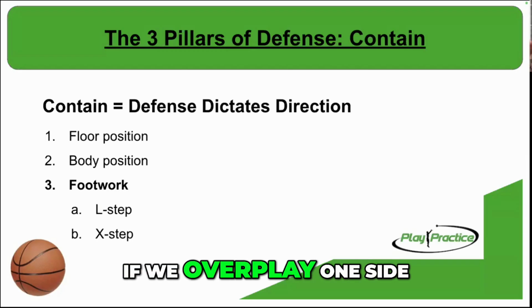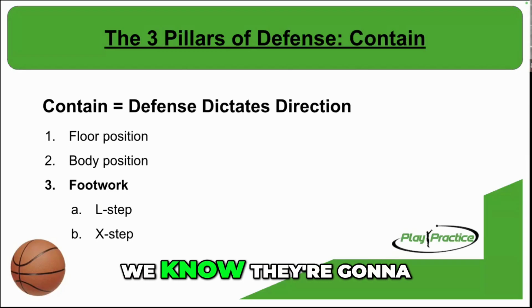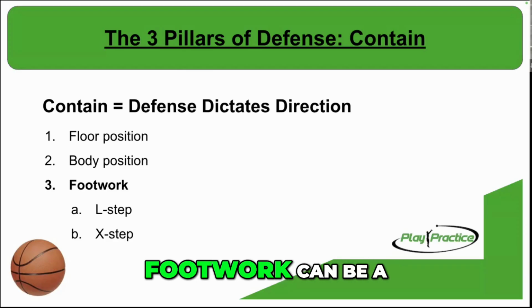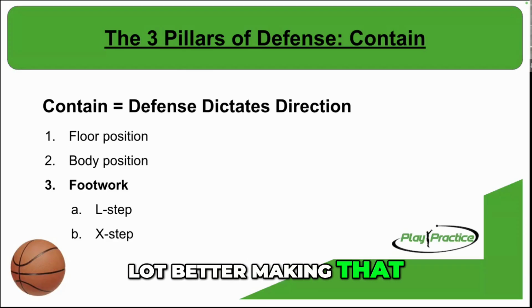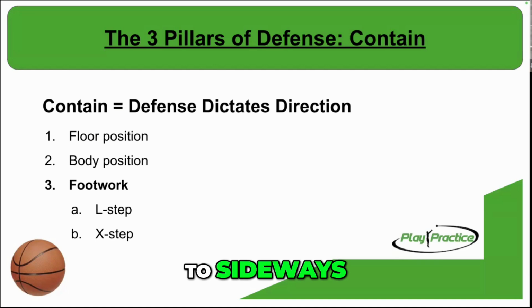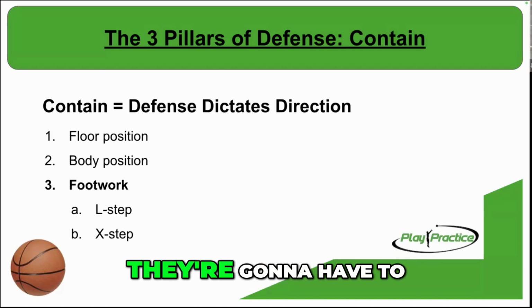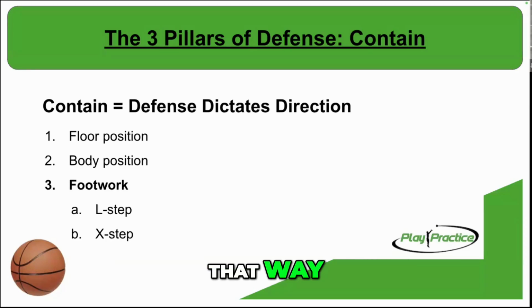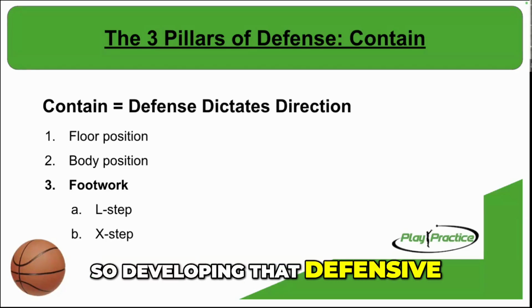If we overplay one side, we know they're going to have to drive the other side, then our efficiency of footwork can be a lot better, making that L-shaped step from forward to sideways, because we know where they're going to have to drive before they decide that they're going to drive that way. So developing that defensive anticipation.